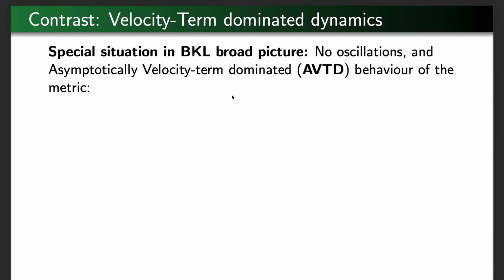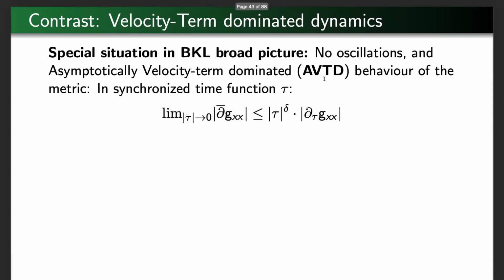Within this prediction by BKL, there is a certain special situation, which they identify. They call it the asymptotically velocity term dominated behavior. What this means is that in a suitable coordinate system, if we think of the derivatives of the metric as the entries of the energy, all the energy becomes kinetic in the limit.